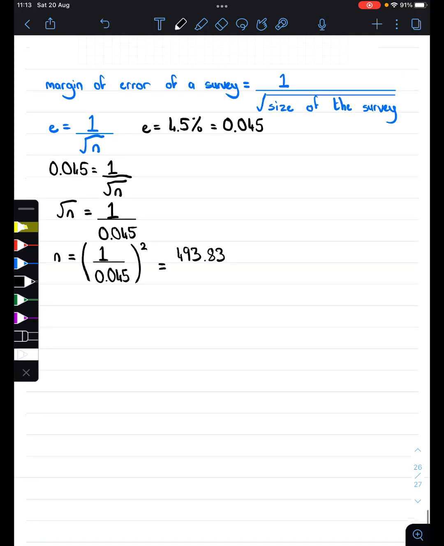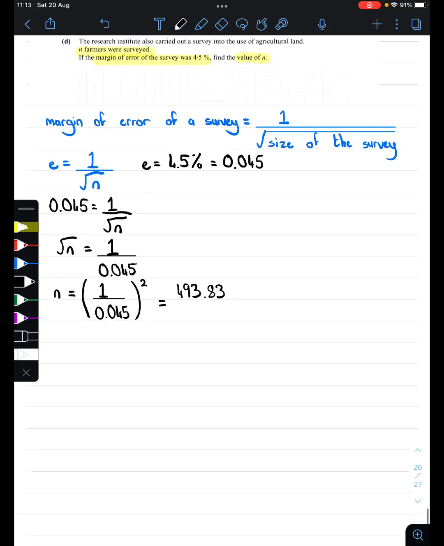But of course, N is a number of people, so you can't have 0.83 of a person. So we'll just round this up to 494 people.